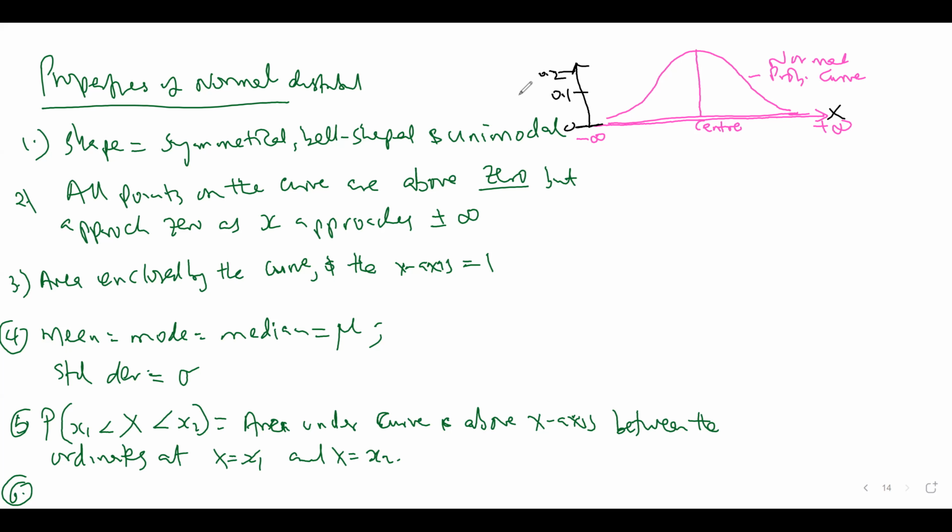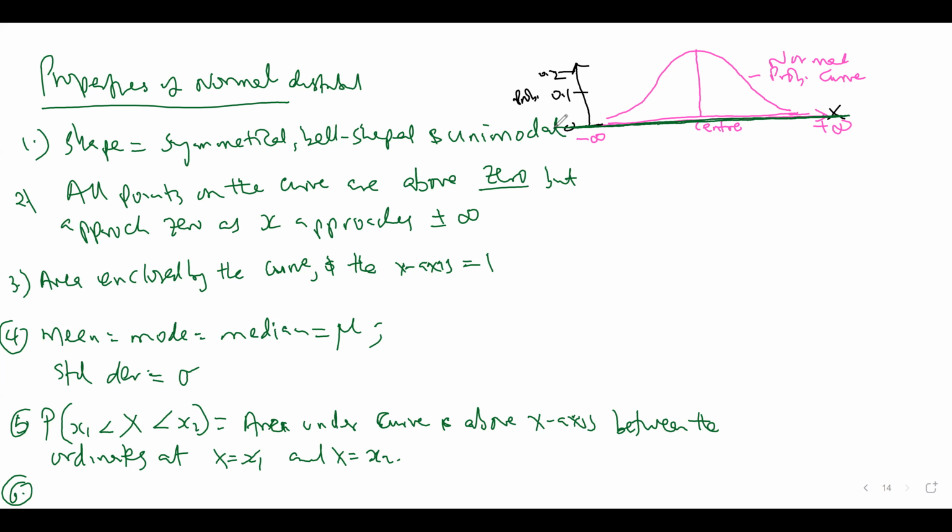So these are probabilities. And we know that the highest value it can be is 1. So on the vertical axis, the highest point we can go is up to 1.0. So we're saying that all the points on the curve are above this line, because this is where y-axis is 0.